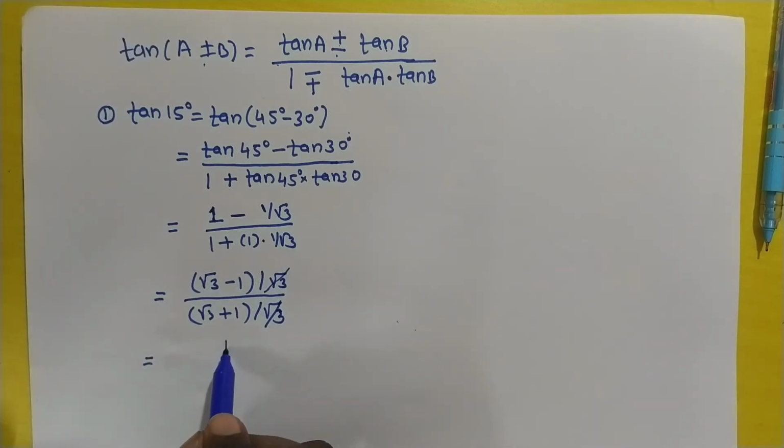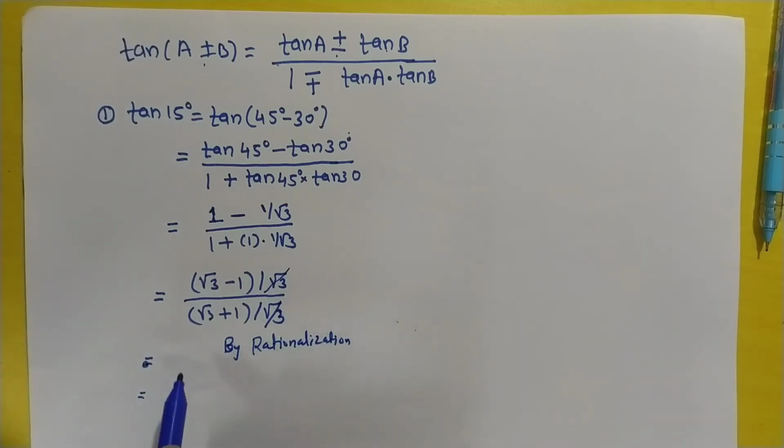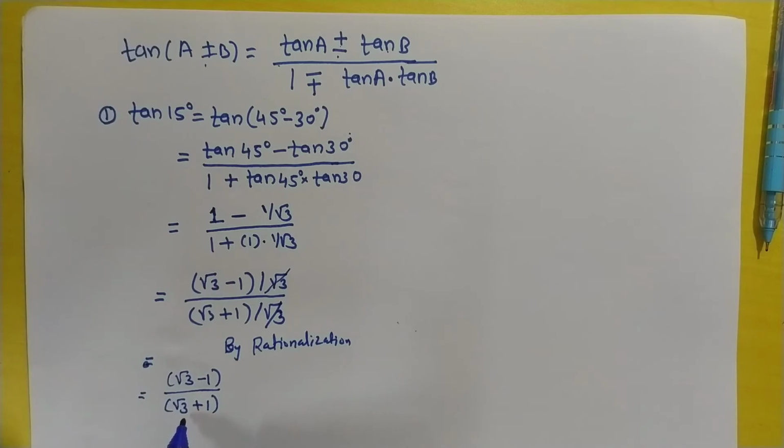So by using rationalization, it is very simple: you have to multiply the conjugate of the denominator. Here we have root 3 minus 1 on root 3 plus 1. The conjugate of root 3 plus 1 is nothing but root 3 minus 1.